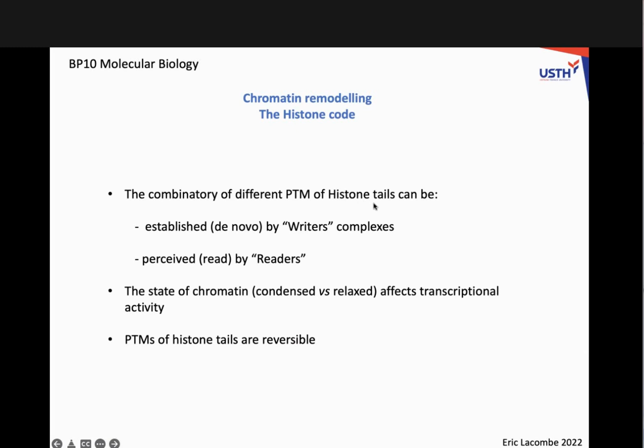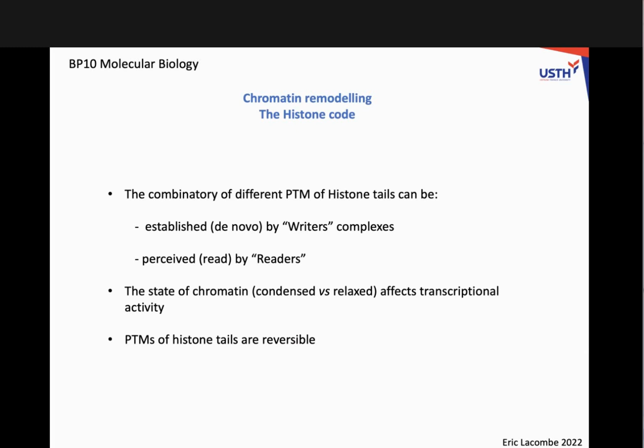They can be established by writers. What I mean is, for example, if a kinase comes to phosphorylate the H3 tail, it is going to add a phosphate on the serine. So this enzyme will write a code because it puts a phosphate on the serine.